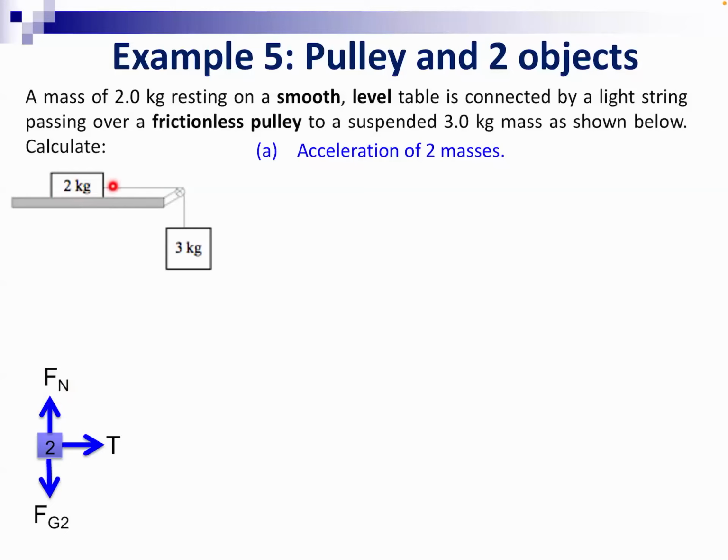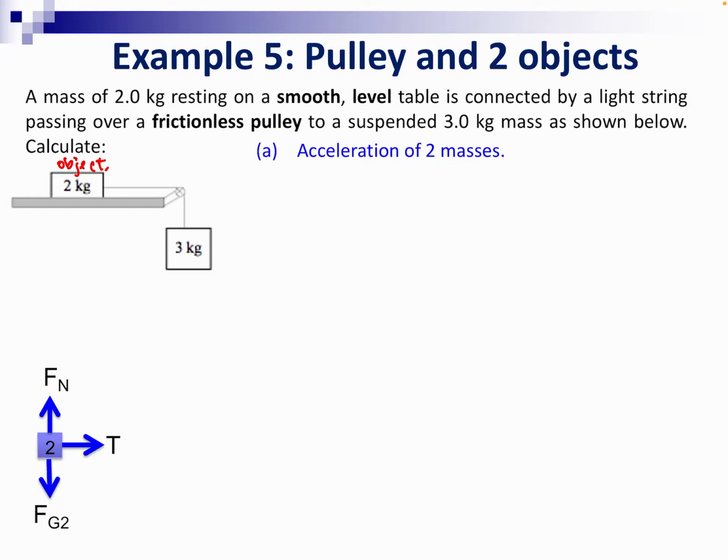And of course, there's tension in the string. The tension is always directed away from the object, and therefore the tension is directed to the right. Your object is the 2 kilogram mass in this case. For the 3 kilogram mass, what are the forces on the 3 kilogram mass?